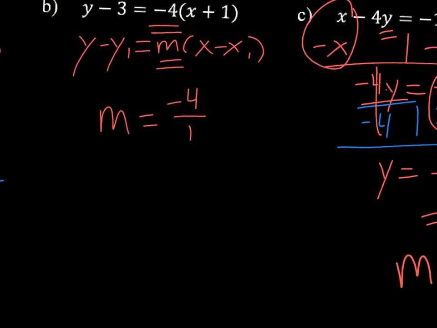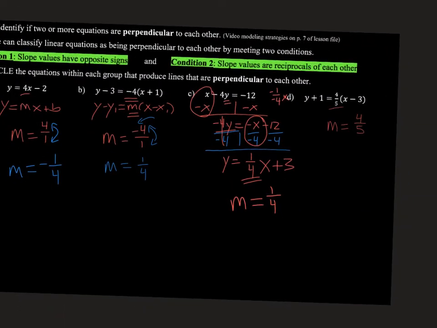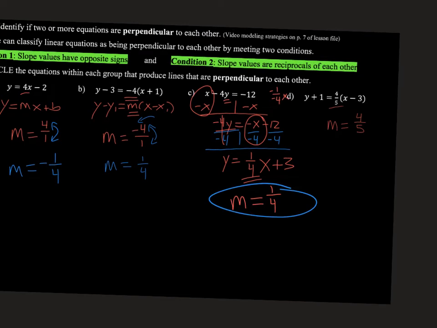So now I'll look at this one. I'm looking for a slope value that would be perpendicular to the one above. It would have to be positive because this is negative, so opposite in sign. And then I would have to take the reciprocal. So I would be looking for a slope value of positive 1/4 to be perpendicular to this one. So we see over here, these two would be perpendicular.